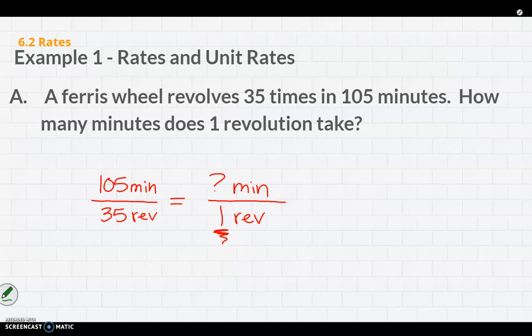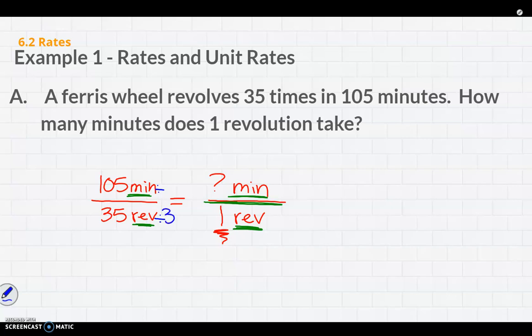Because I set up this rate with revolutions in the denominator and minutes in the numerator, you should do the same with the rate that they gave you. On a previous slide it said to find the unit rate, you're just going to divide both by the denominator.